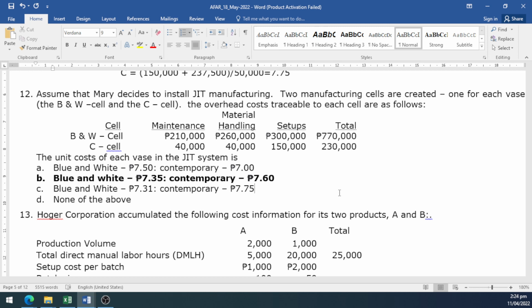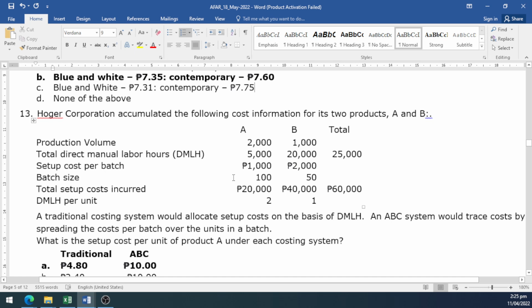Okay? So, yan po ang tungkol sa activity-based costing, just-in-time, traditional, plant-wide, and departmentalized system. But we will have more of departmentalized system doon sa allocation ng support department cost. Yan.